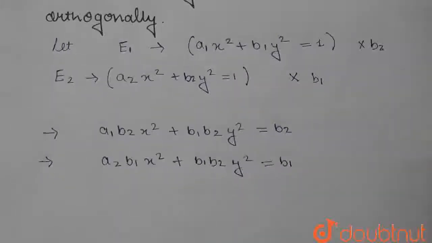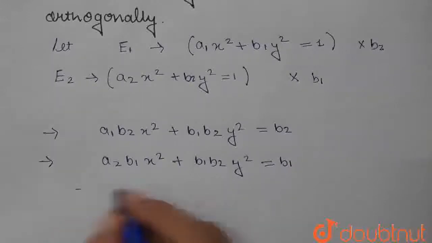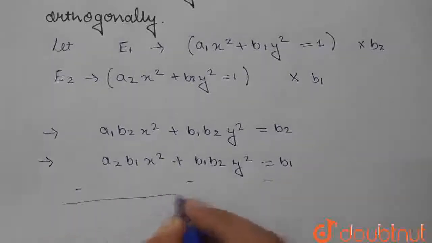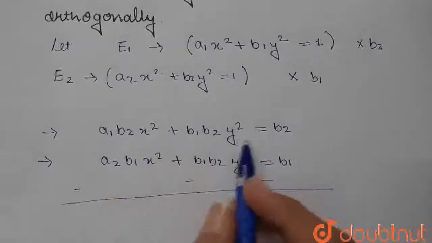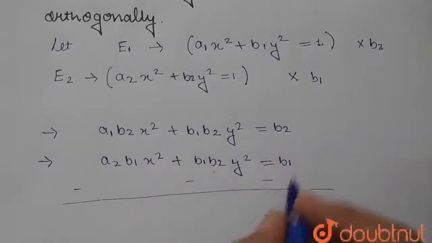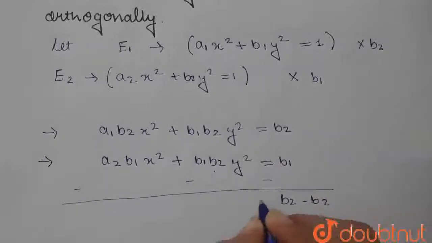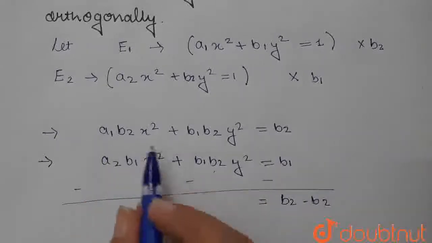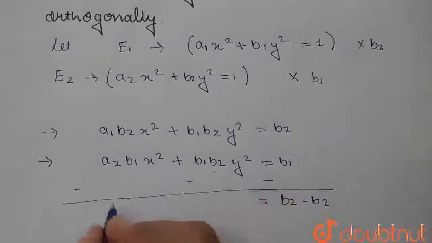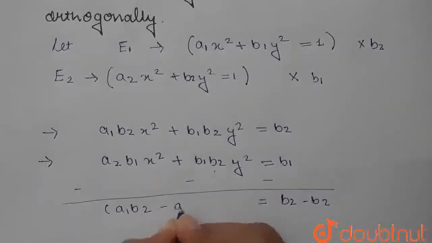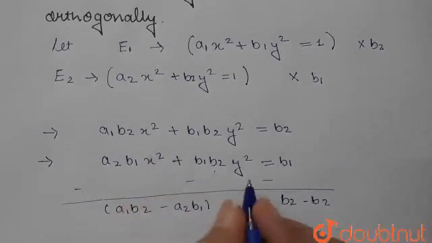Right, now we are going to subtract these two. On subtracting, the y square terms get cancelled, so here we will get b2 minus b1 equal to, and if I take x square common from the other two terms, we get a1 b2 minus a2 b1 into x square.